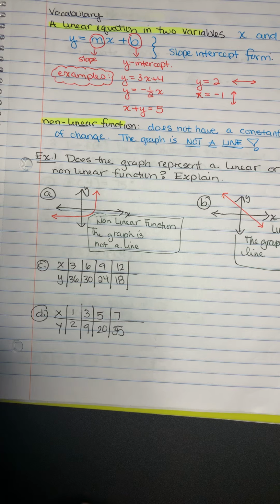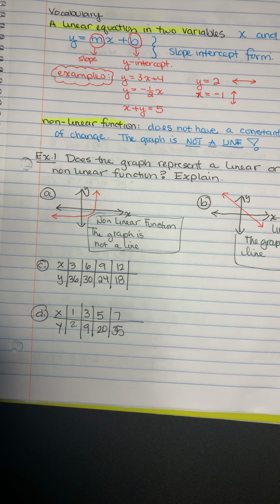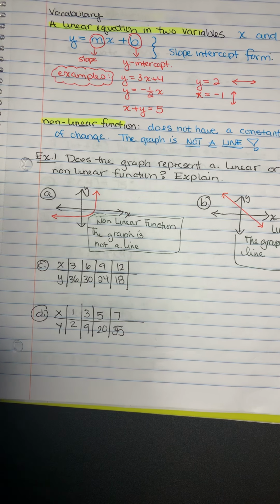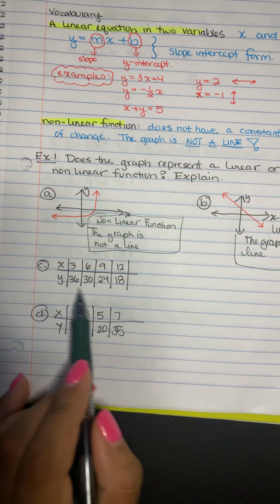Okay, so what you want to do is, remember we said by definition, nonlinear does not have a constant rate of change. So that means a linear function does have a constant rate of change. And what you're doing is you're looking at your values, and you want to ask yourself if you have the same pattern with your y values.